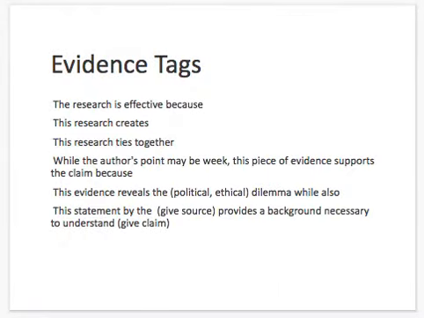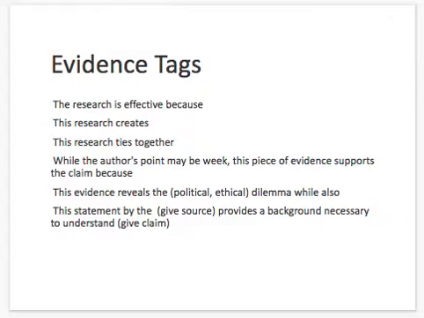All right, so our lovely evidence tags. You will use these after you summarize your piece of evidence. This is really, really important. The research is effective because the research creates, the research ties together. While the author's point is weak, and I apologize, weak is spelled wrong. My bad. I just realized that as I'm watching this, I'm cringing in AP Seminar teacher land.